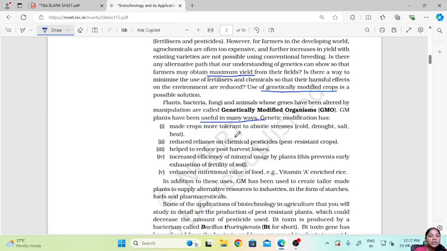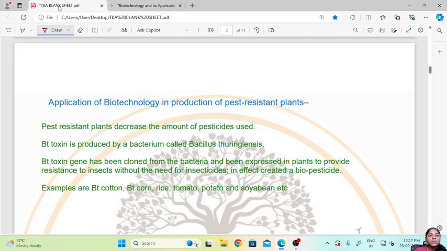The gene or character from a microbe is taken and cloned into the DNA of the plant so that the plant becomes naturally resistant. The Bt toxin is produced by a bacterium called Bacillus thuringiensis, Bt as in Bacillus thuringiensis.